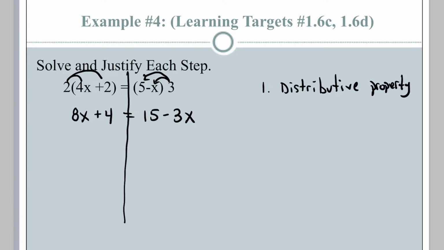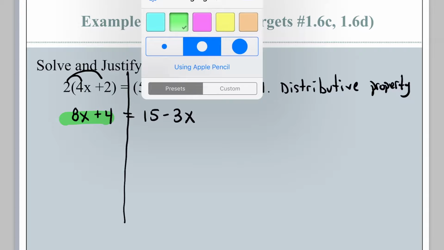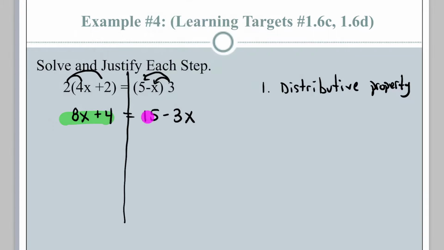I now notice that I have an expression on the left side that does not have any like terms. And I also have an expression on the right side that does not have any like terms. So now I need to start moving my terms back and forth across the equal sign in order to get my like terms on the same side. Now I attempt to move in the direction of not working with minus negatives if possible.